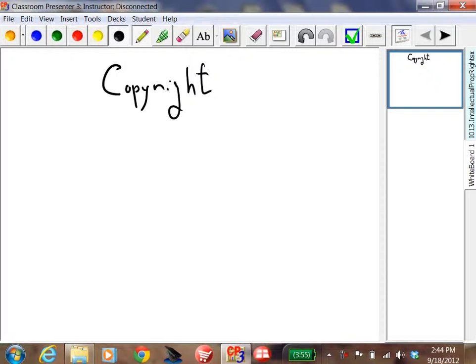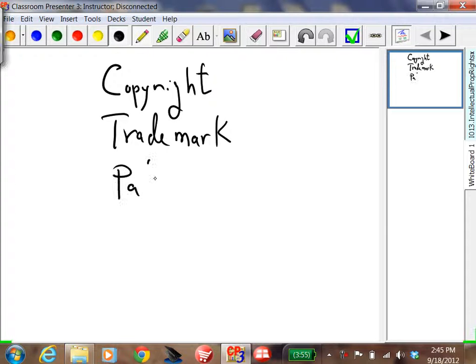Did you say trade secret? Trademark. And she also suggested that you can patent it. So, whether you copyright it or trademark it, there's also another thing called trade secret.